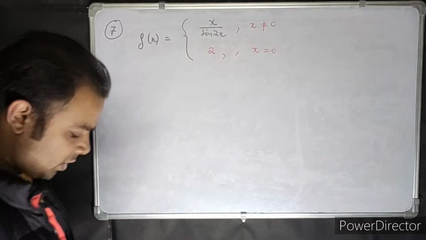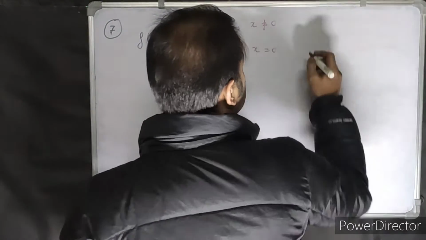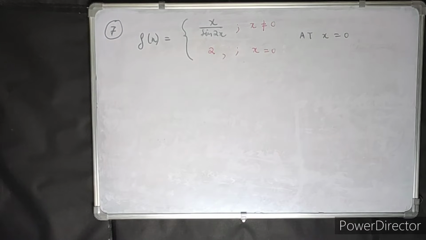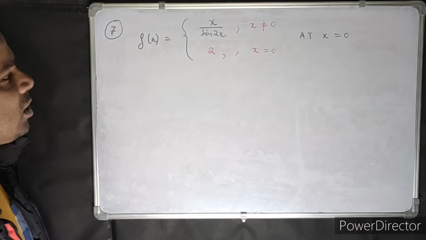And obviously you have to check whether the function is continuous at x equal to 0. So let's start checking whether the function is continuous at x equal to 0 or not.